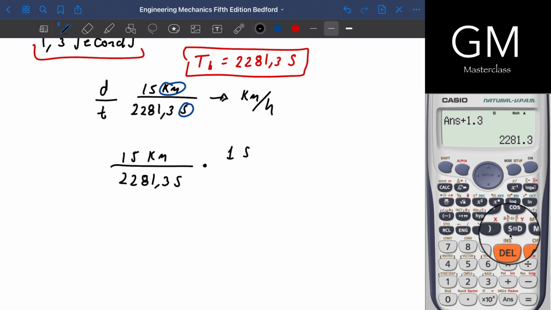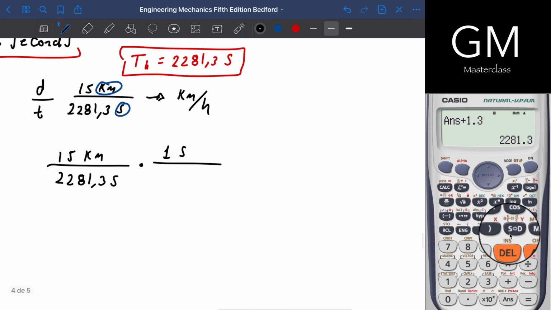So I have to find the equivalence between 1 second and hours for me to eliminate this one and this one.